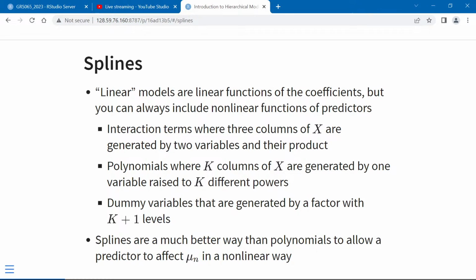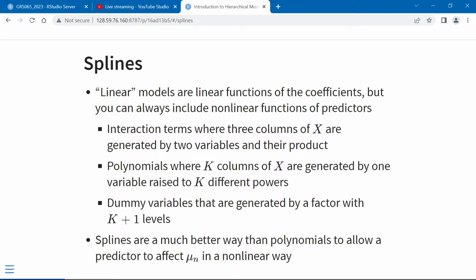Now, oftentimes, such models are also linear with respect to the predictors, or generalized linear, if we're applying an inverse link function or something like that. But you're always allowed to include nonlinear functions of predictors, and we have done so at various points in time.